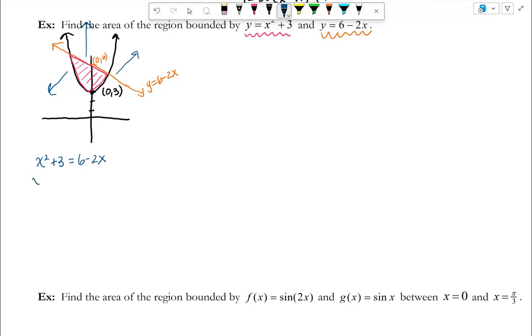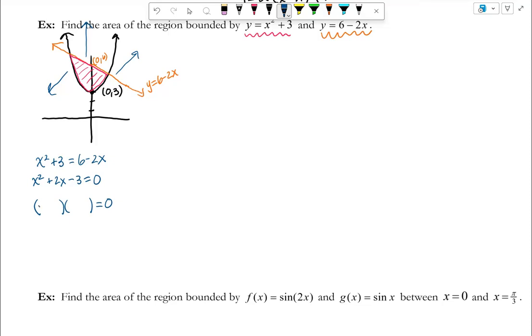So I'm going to rewrite this. I'm going to add the 2x to both sides, and I'm also going to subtract 6 from both sides, so that now we have a quadratic equation that is set equal to 0. Using the zero product property, factoring will help me because I need factors to have a product.